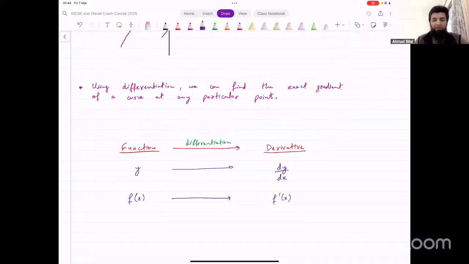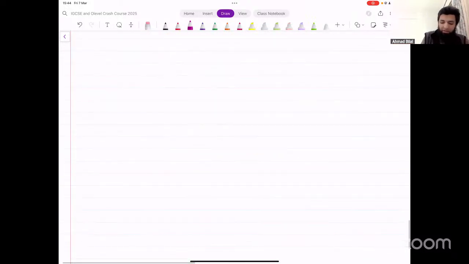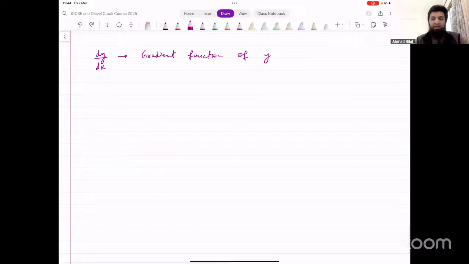So dy over dx basically represents the gradient of the function. Okay, let me write that here. Dy over dx is basically the gradient function of y. Dy over dx represents the gradient of the function.